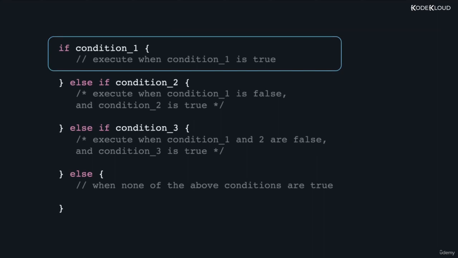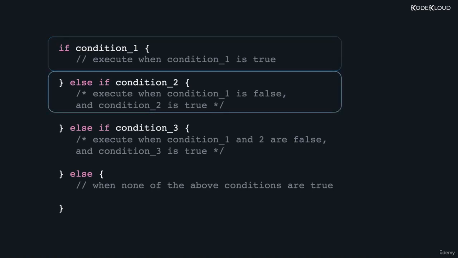Now we also have the else if statement to specify a new condition if the first condition is false. We can specify multiple else if conditions, and the else block is optional to add. Let's say we have a condition 1, and if it evaluates to true, all the statements inside this if block will be executed. This else if block will execute when condition 1 is false, but condition 2 is true.